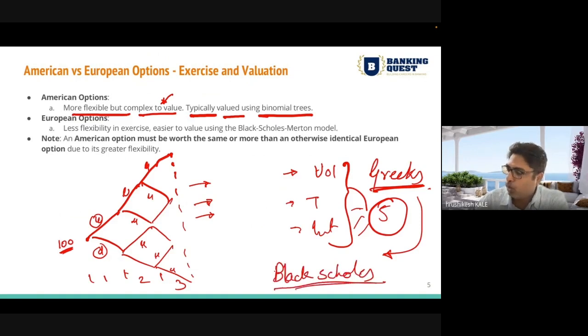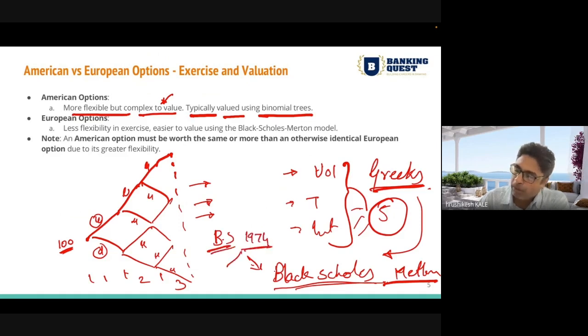What is the Black-Scholes model? Black-Scholes and Merton, I suppose. These are the 3 US professors who wrote the Black-Scholes model somewhere in 1974. People understood its importance somewhere in 1994, and they got the Nobel Prize in 1994 for the same.